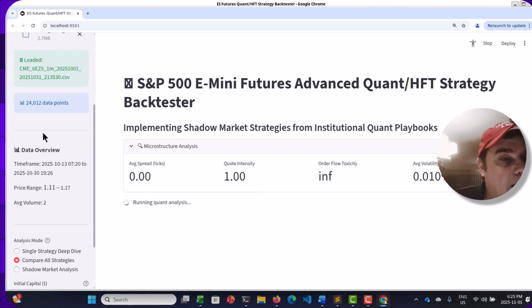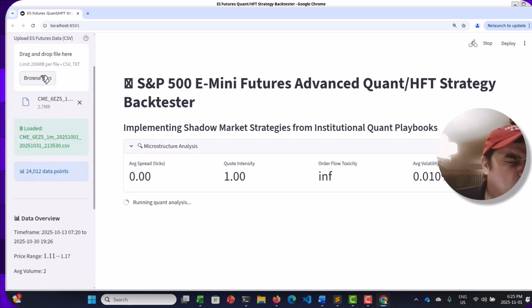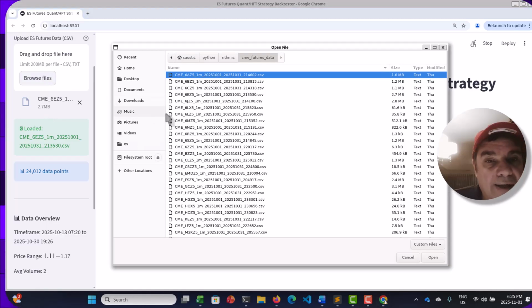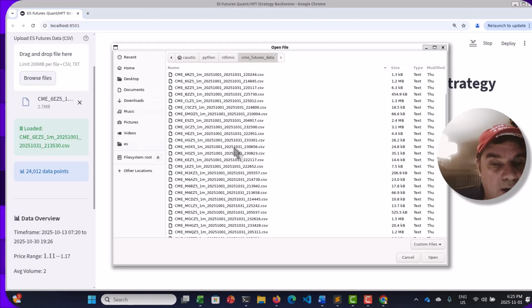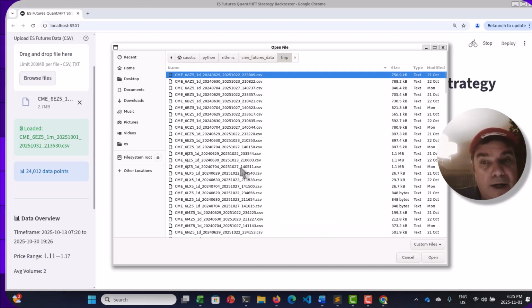This might take too long, to be honest. Let me see here. What I'm going to do is load a different file in, because this is so much data, probably 2.7 meg. That's a lot. So I'm going to go into a temporary folder that I have.